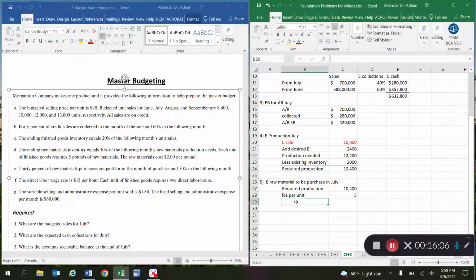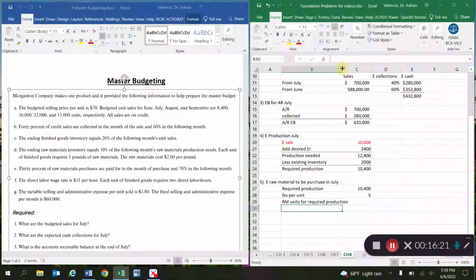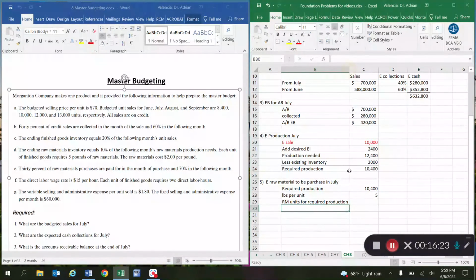So the units of raw material for required production, I'll try to use the same verbiage here. In other words, for this level here of 10,400, I'm going to multiply that and I'm going to need this many pounds of raw material.